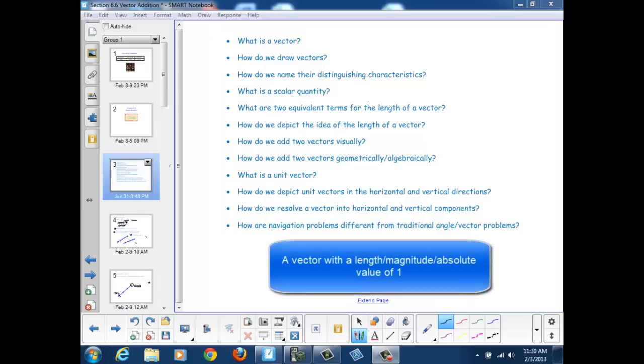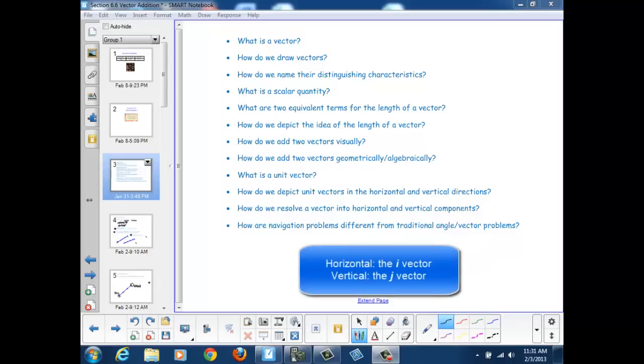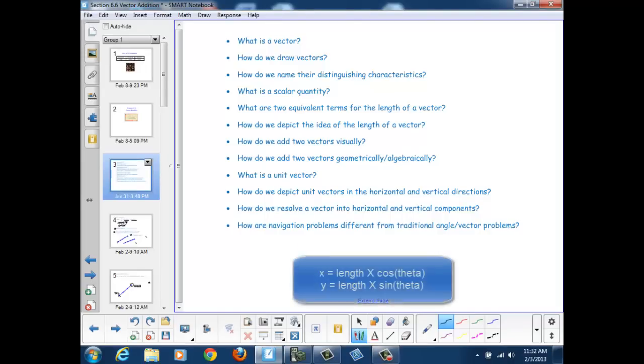What is a unit vector? It's a vector with a length of 1. How do we depict unit vectors in the horizontal and vertical directions? The horizontal unit vector is the i vector, and the vertical unit vector is the j vector. How do we resolve a vector into horizontal and vertical components?